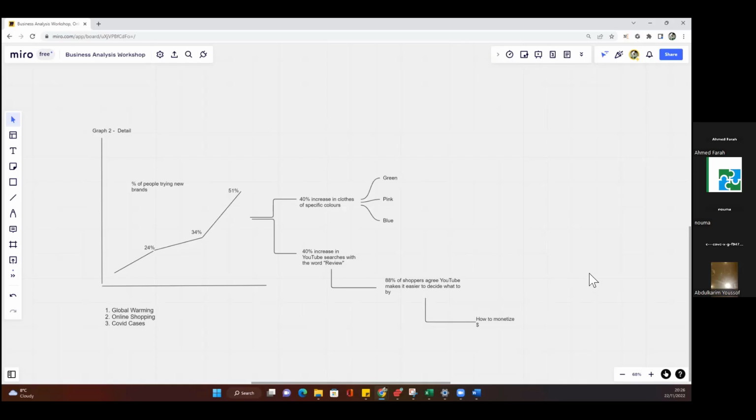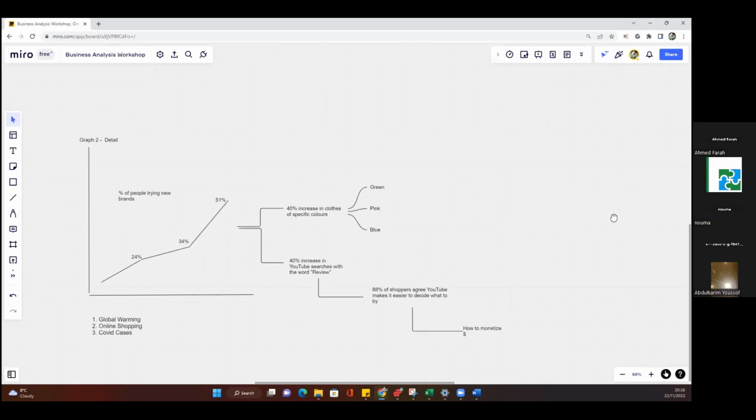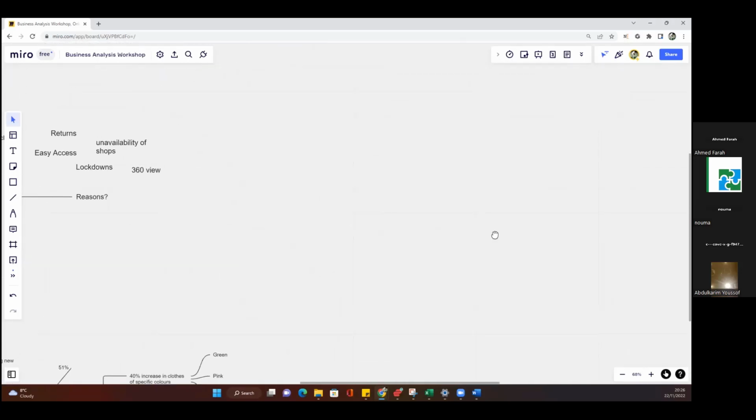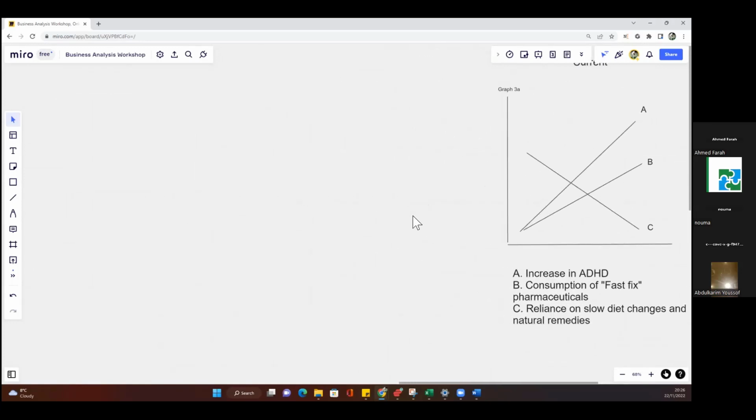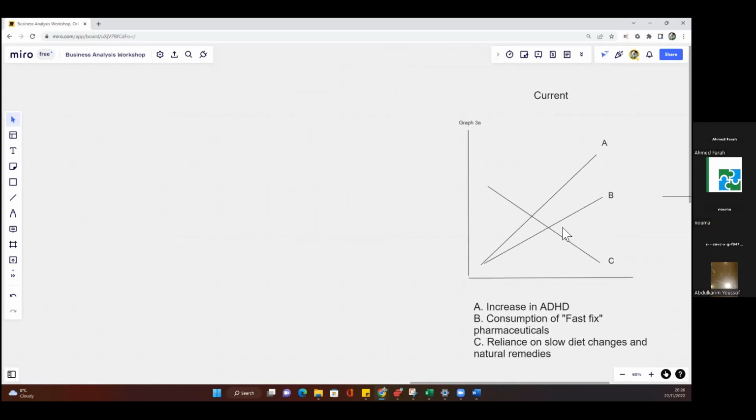Okay, cool. All right, last example before we wrap up. If we look at these graphs here, graph A shows, and this is again current data, the increase in ADHD, which is attention deficit hyperactivity disorder.